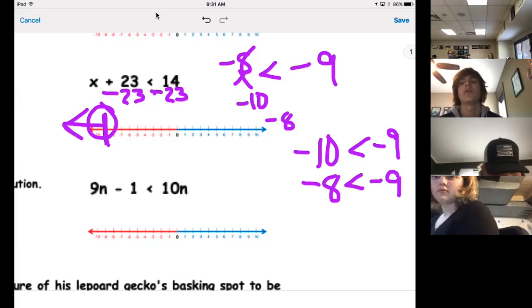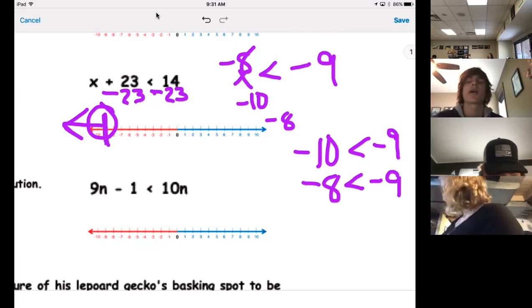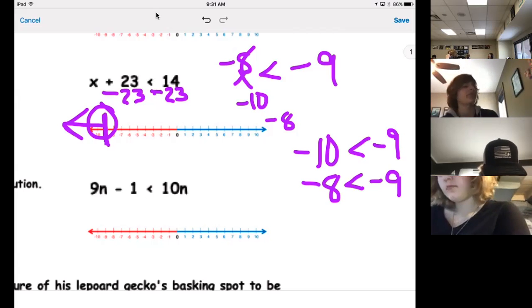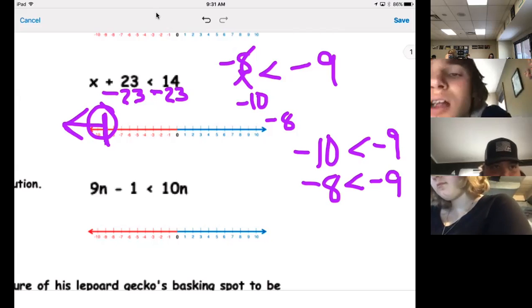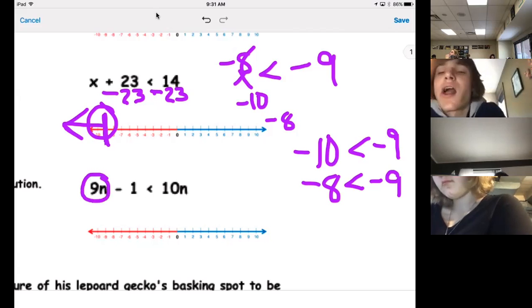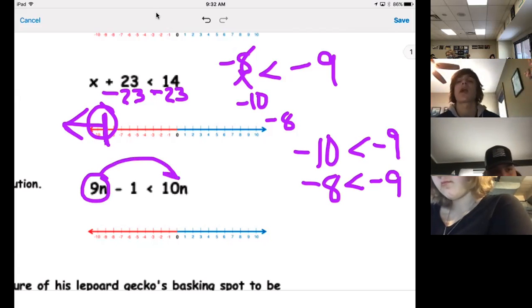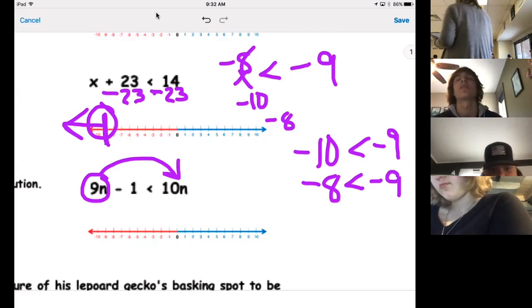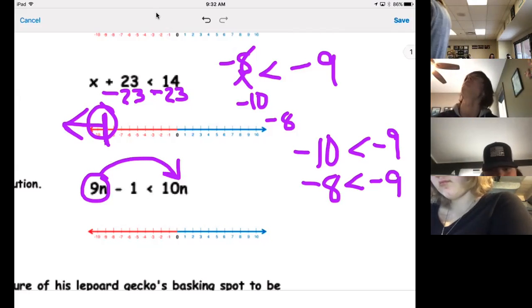Variables on both sides. So to solve this, we want to get the variables on the same side. So instead of throwing over the plain number, we're going to throw over the variable. So I'm going to take this 9n and I'm going to move it over here. How do I make it go to the other side? Okay, Brady, you can take this one if you want.